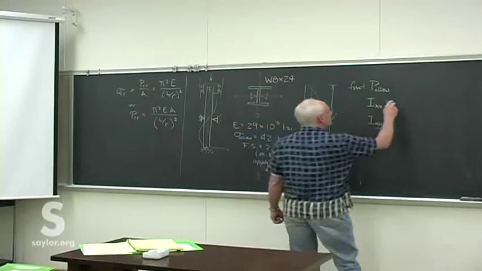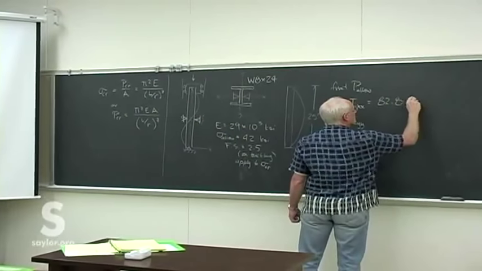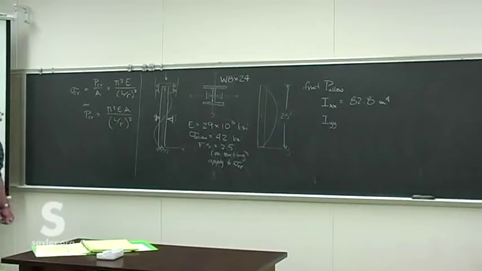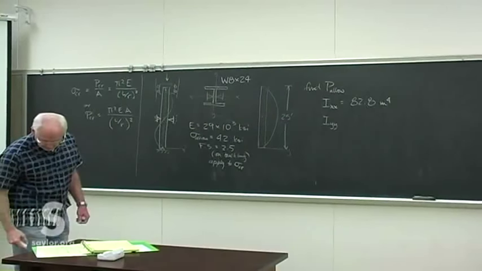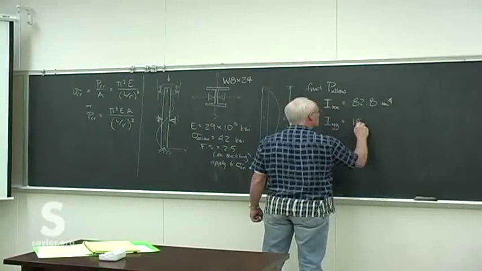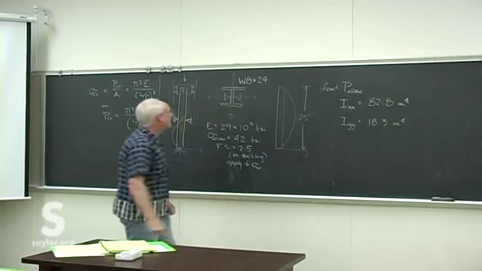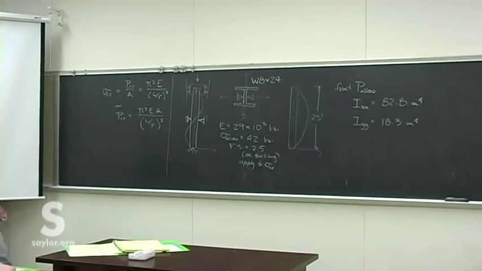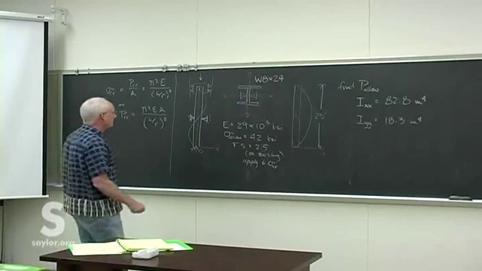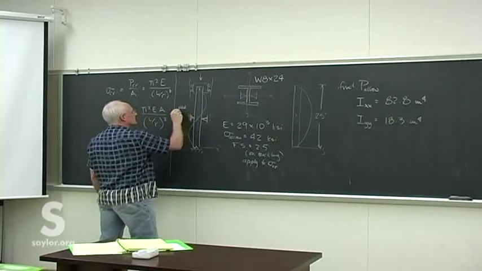Okay, you'll find in the book that one has a moment of inertia about that axis of 82.8 and about the other axis of 18.3. So that's the concern for this mode.